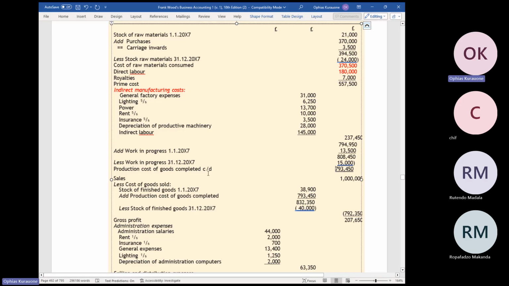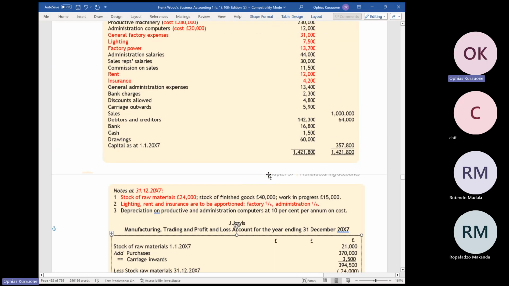That is our manufacturing account here. So at this point, we have got the manufacturing account. That is the production cost completed, which should be transferred into the profit account. Then sales, we pick figures as they are.